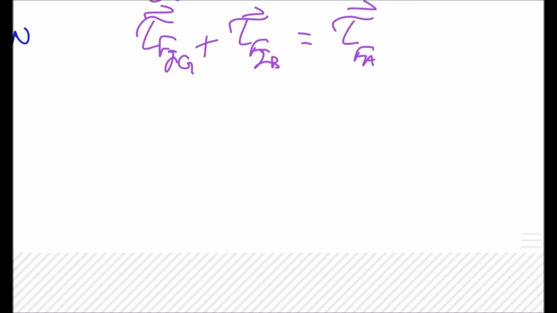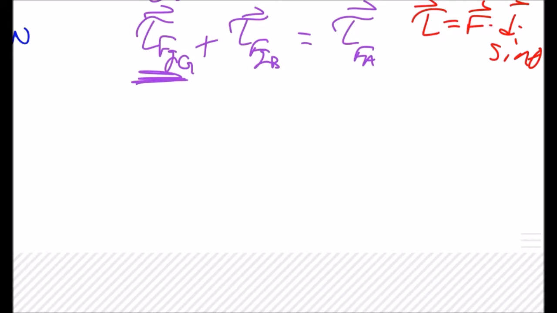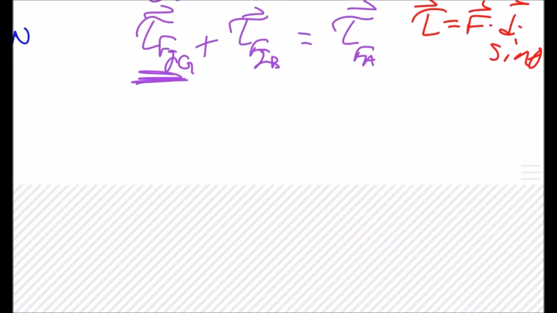First off, I guess let's write down what is the torque formula. Torque equals force times lever arm times sine of theta. Very good. Okay. All right. Now let's expand torque caused by the force of gravity on the girl. What am I going to write? Okay. So Graham's actually gone another step further, and he knows that the force of gravity is its own formula, and he expanded again.